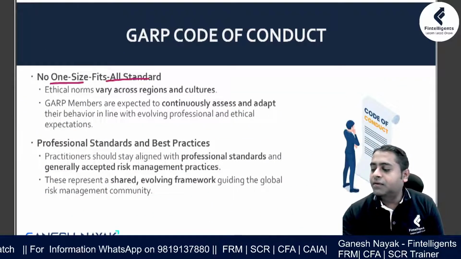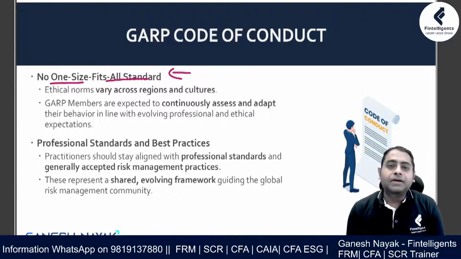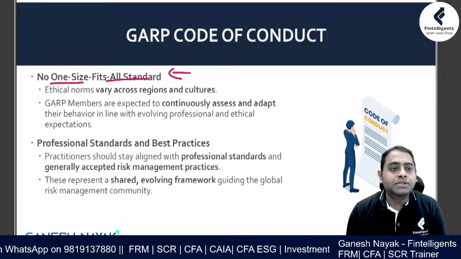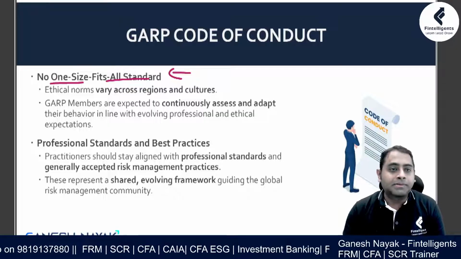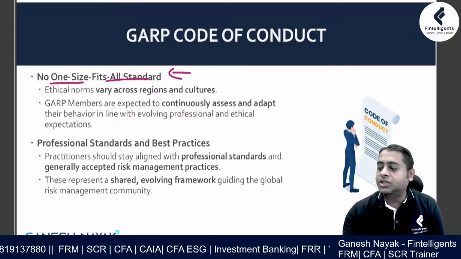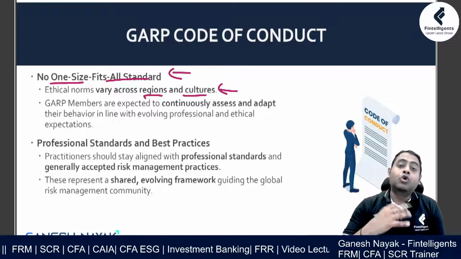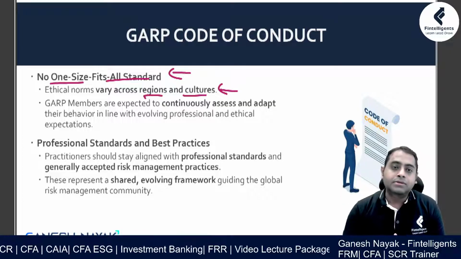One size does not fit all. Generally, we cannot have a GARP code of conduct, or basically any standard, which is explicitly written for everybody globally. It is not possible, right? Every region, every country, every culture is going to be different. Something that is normal in, say, African countries might not be normal in the US.